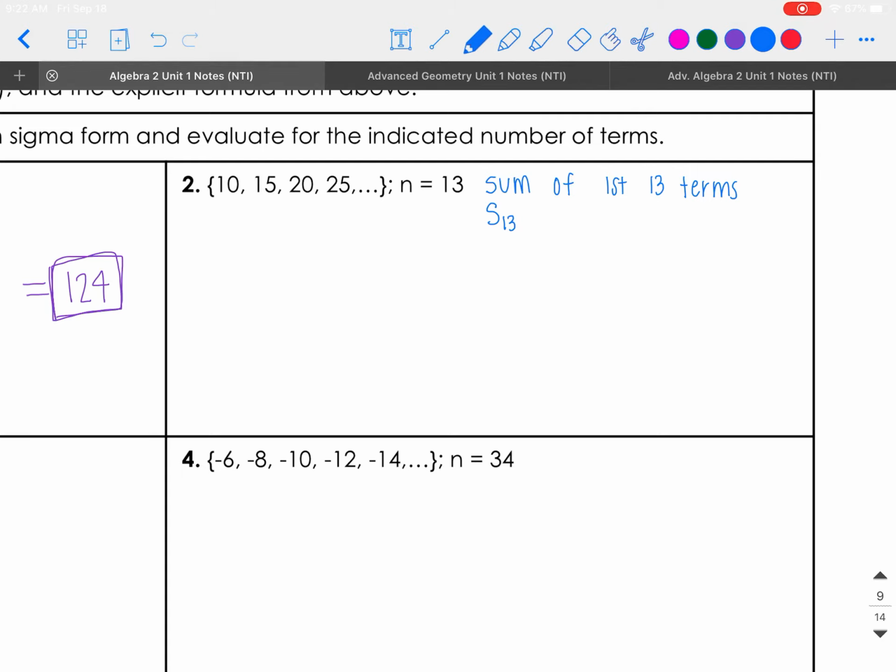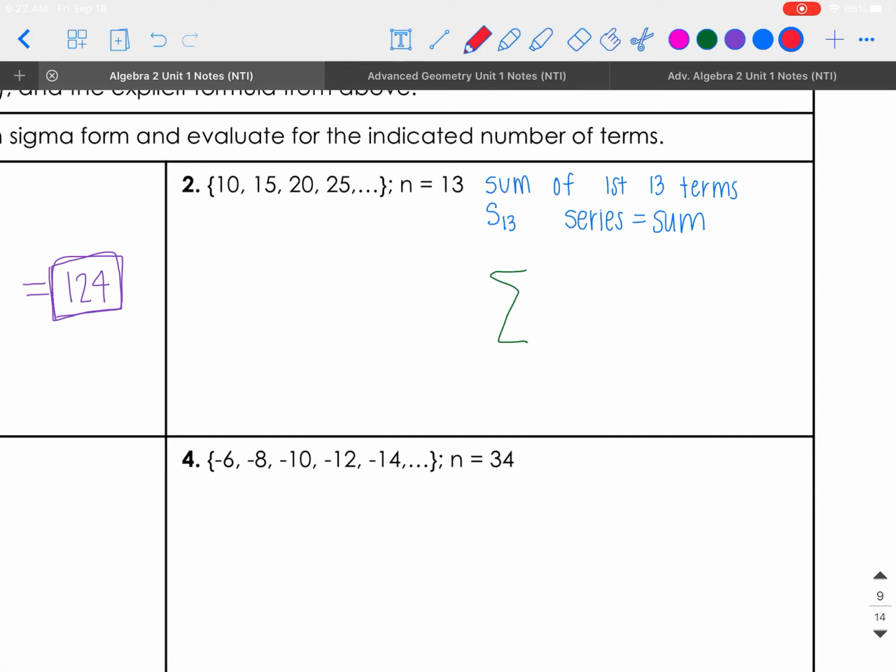That also means sum of the first 13 terms. But it just says to evaluate the series. And so I remember that series equals sum. So if I'm going to evaluate this series, then I know that I'm going to be using sigma. That's one of the 2 methods to evaluate the series or to find the sum.